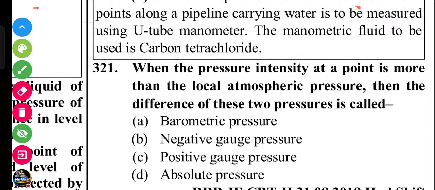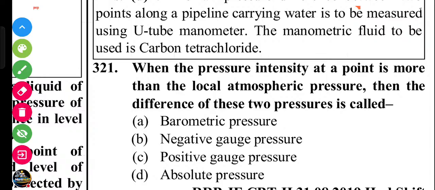Next question. When the pressure intensity at a point is more than the local atmospheric pressure, then the difference of these two pressures is called: barometric pressure, negative gauge pressure, positive gauge pressure, or absolute pressure.